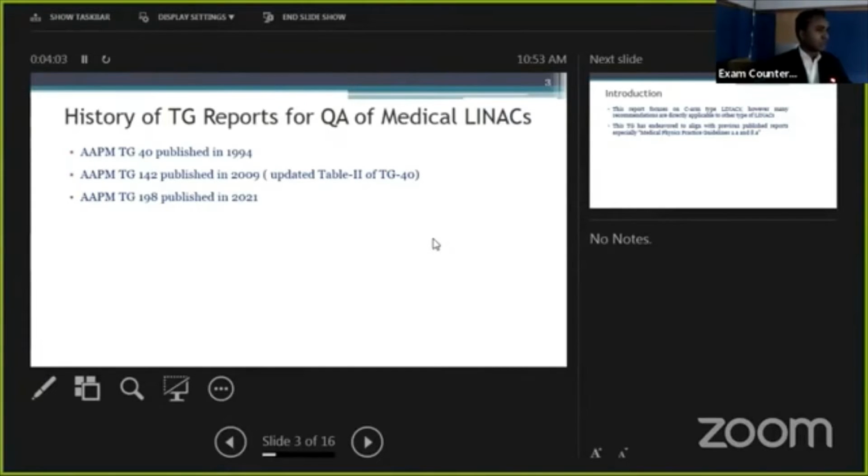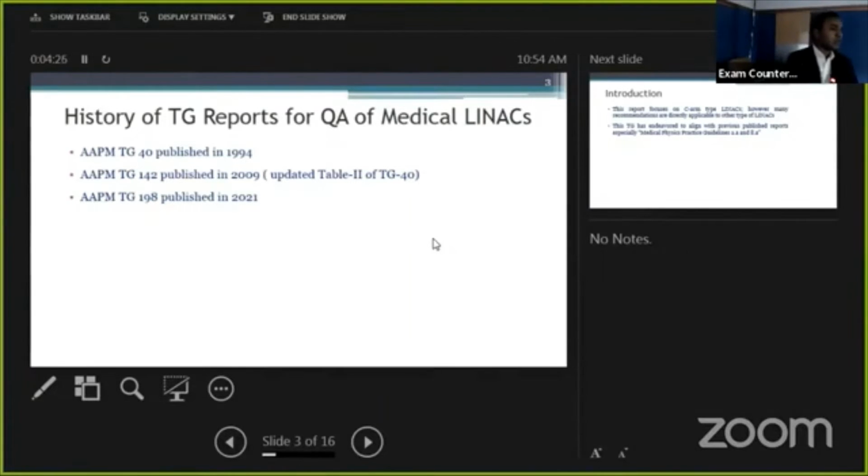But with the evolution in technology and different techniques, TG142 was published in 2009, and in this the complete tests of TG40 were there, but Table 2 was updated because after TG40, asymmetric jaws and MLC modulation came into existence, and they had to be incorporated in a new report.